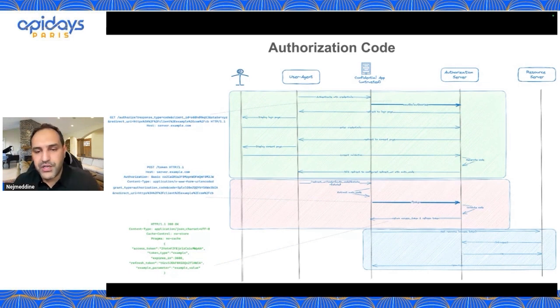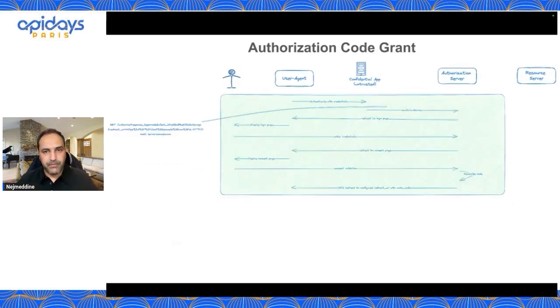After this validation, the authorization server will send back to the consumer the access token and the refresh token, and using the access token, the consumer will be able to get the resources from the resource server.